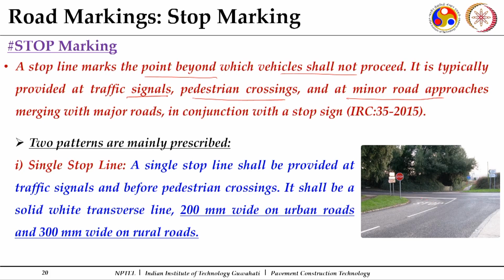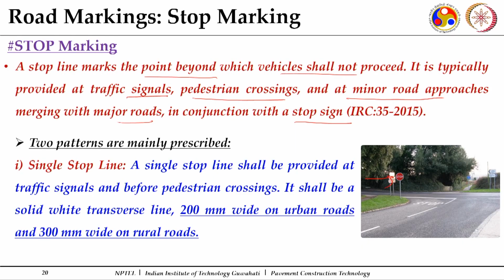You can see this is a minor road approach. There the transverse line is provided at minor road approaches merging with major roads, in conjunction with a stop sign. Along with that a stop sign also needs to be provided, and the features and locations are to be followed as per our IRC 35 guidelines.